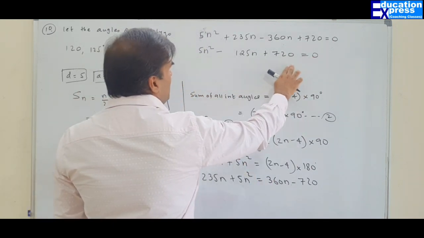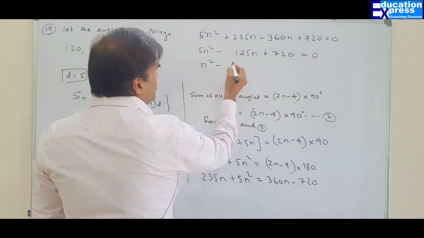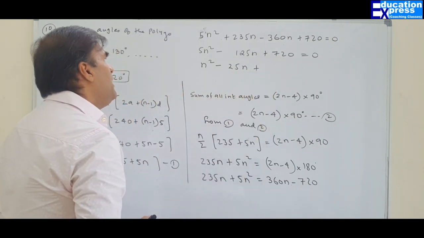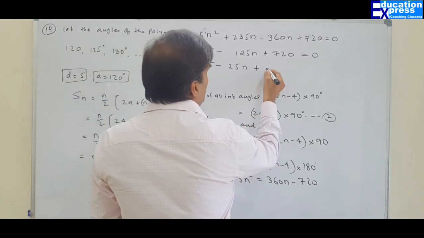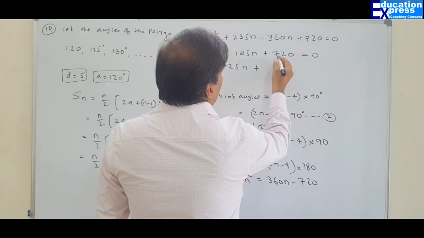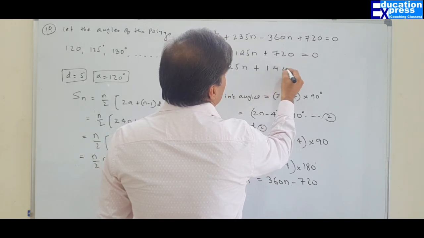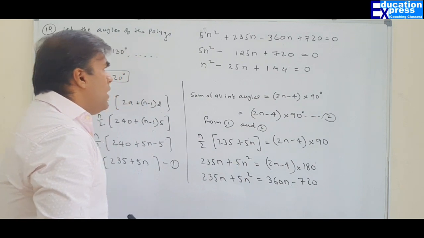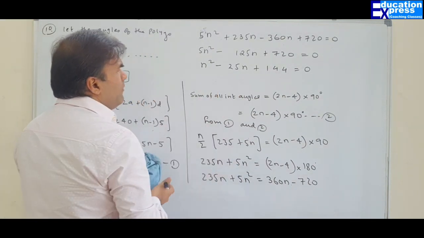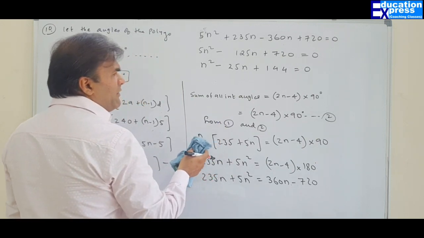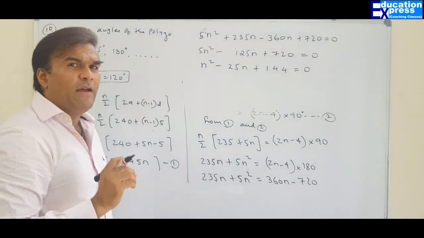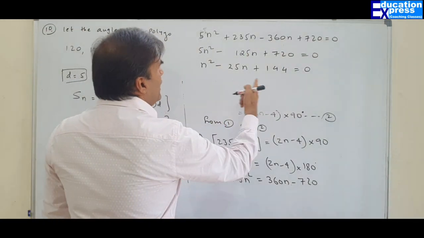Can you divide everything by 5? Yes sir. N square minus 25n plus we want to divide 720 by 5, which is 144. It will be 0. So now we have to find out what is going to work for this particular quadratic equation. We have to solve it like a normal quadratic equation to get the value of n.